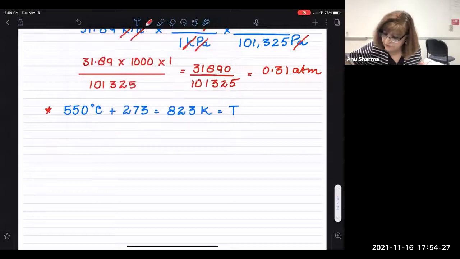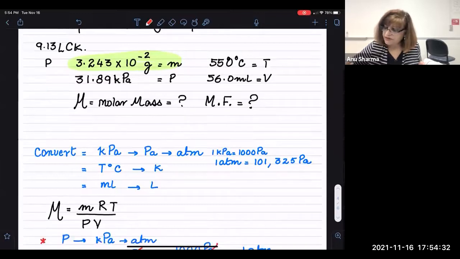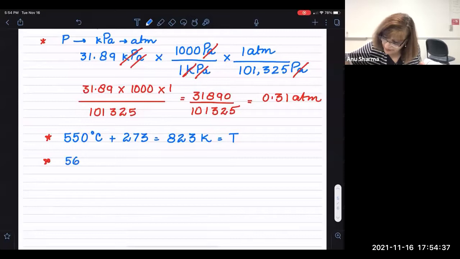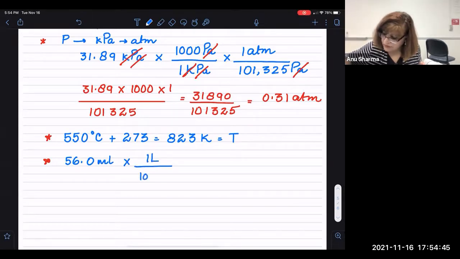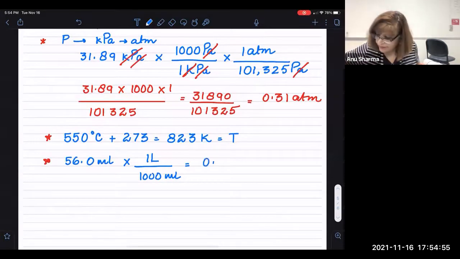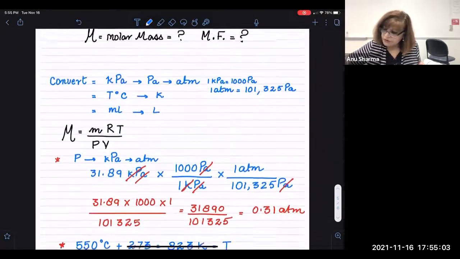Next is the volume. The volume given is 56.0 milliliters, times 1 liter over 1000 milliliters. 56 divided by 1000 is 0.056 liters. All right, so we do these conversions.